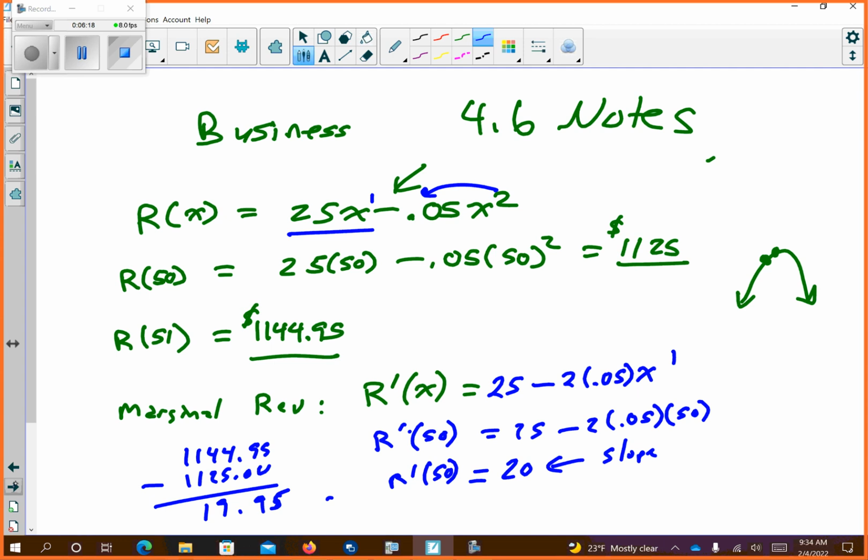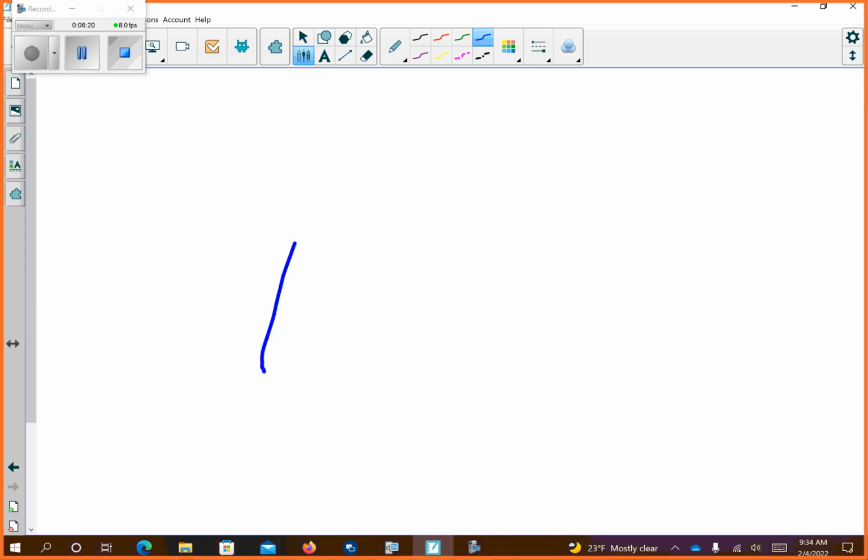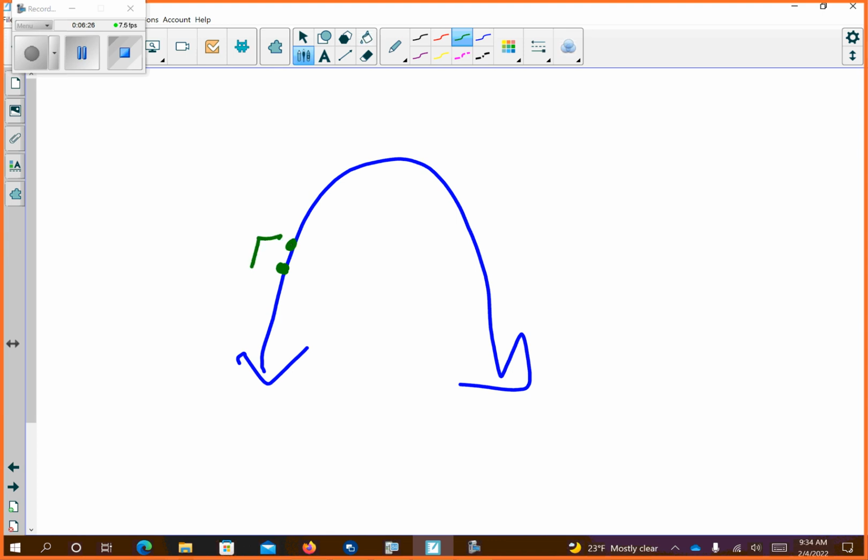And the reason it's not always the same is on a parabola that does this, depending upon where you're on the graph, if I was here to here, this has a pretty steep slope. Whereas if I went from, like, say, here to here, the slope is not as steep.